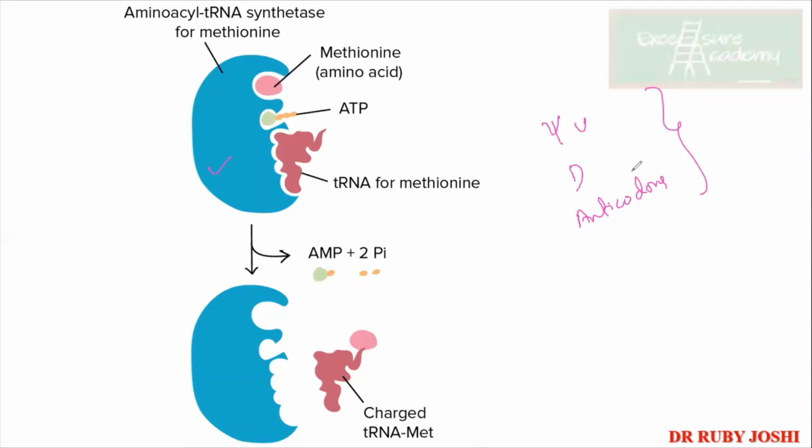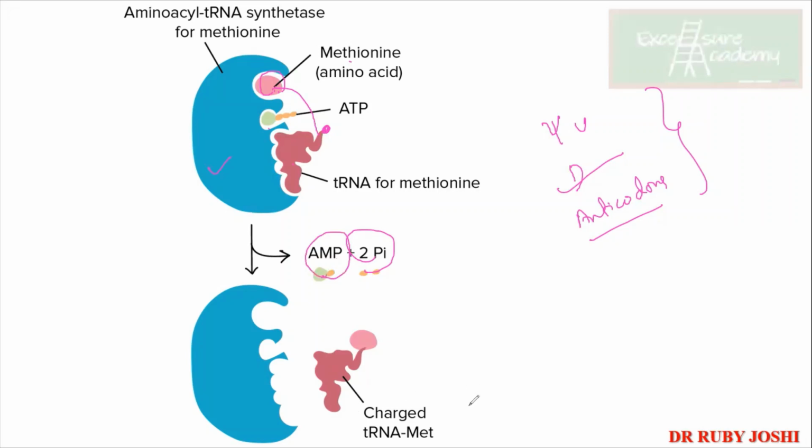For right now just remember, based on the pseudouridine, dihydrouridine and anticodons, the tRNA synthetase will understand that this particular tRNA should be charged with methionine. This tRNA will come, it has the ATP binding pocket also, and methionine comes here. So methionine first gets adenylated, releasing 2 Pi. Later, this adenylated methionine gets charged onto the tRNA, releasing AMP.